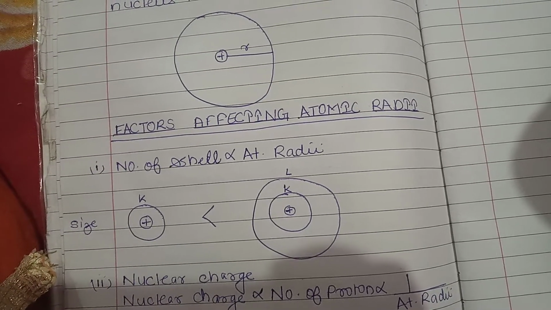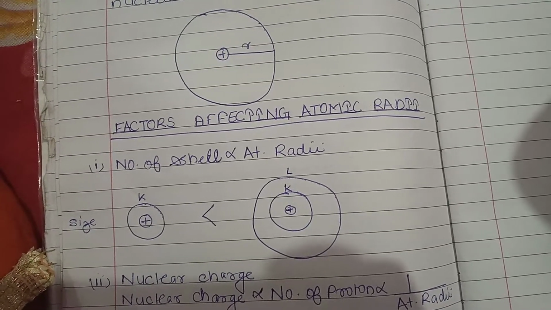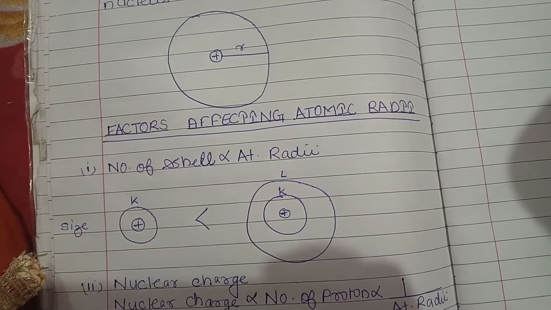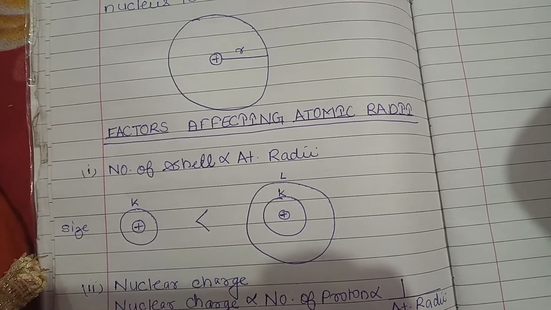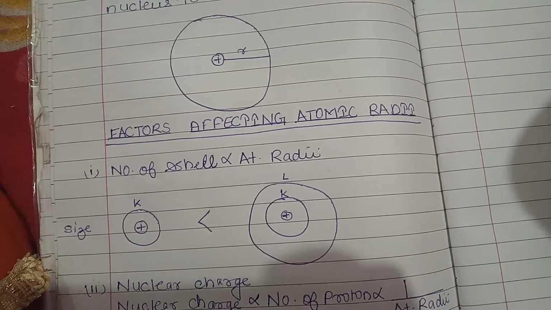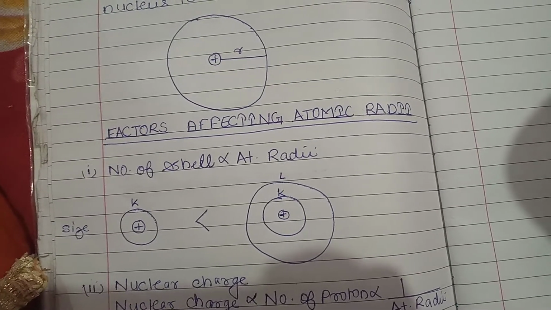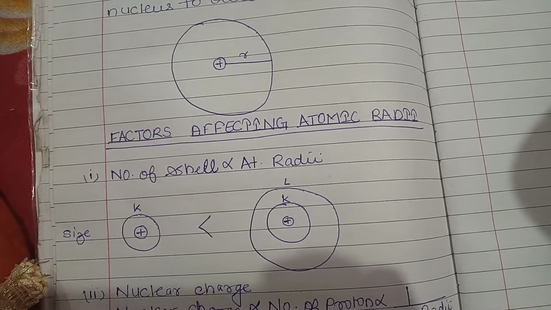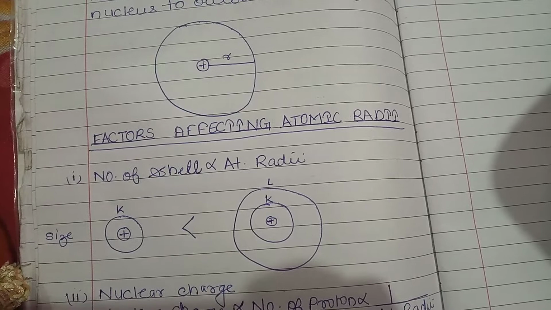That means what? That means as we increase the number of shell, atomic radii will increase. So in these two diagrams, we came to know that the second atom will be having greater radii as it do have greater number of shell. Okay, I hope that you all are familiar with the term number of shell and how come it affects the atomic radii.